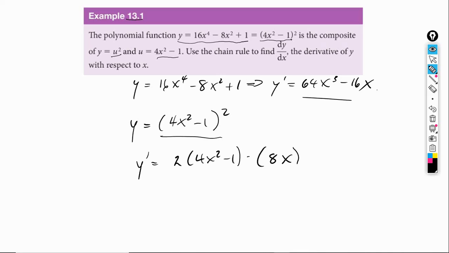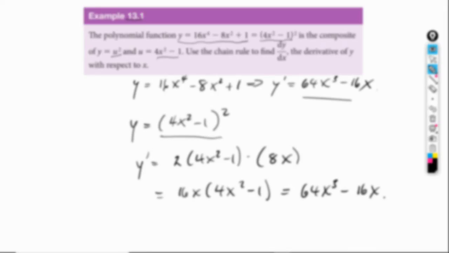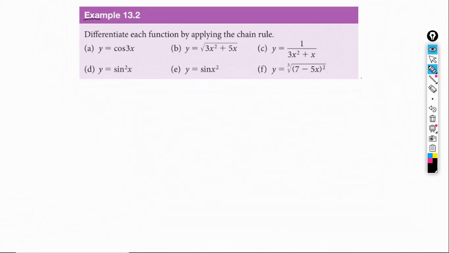Now let's multiply this, and we're going to get 16x, and we have to multiply that by 4x squared minus 1, and notice that this will also give us 64x cubed minus 16x.